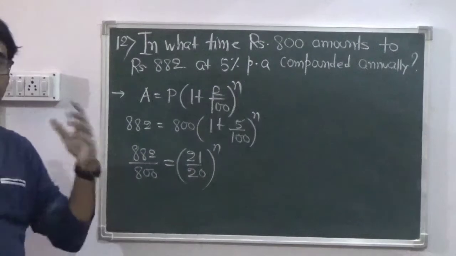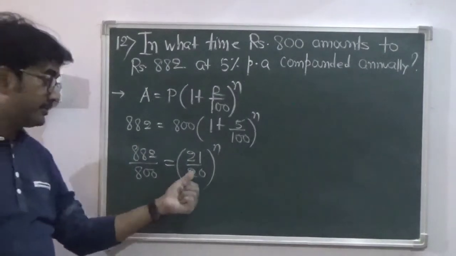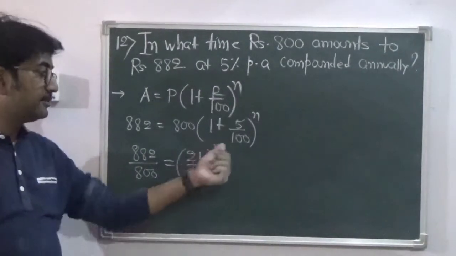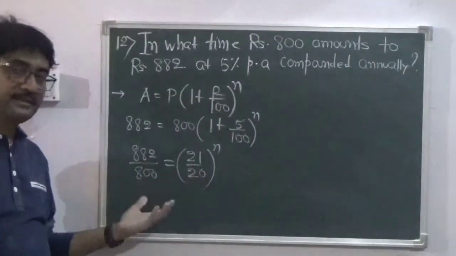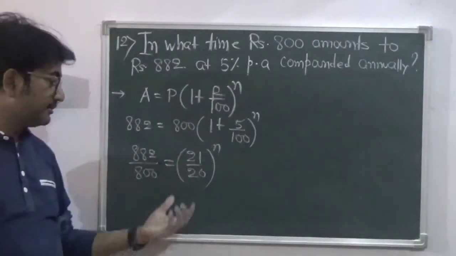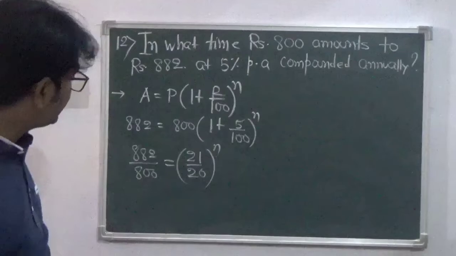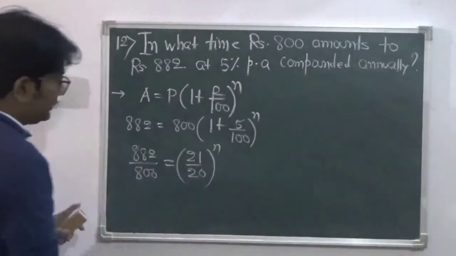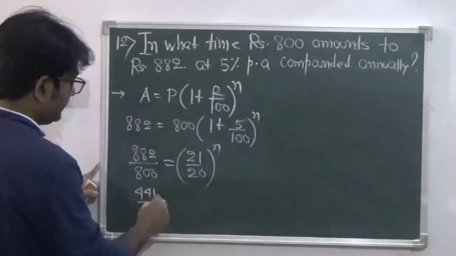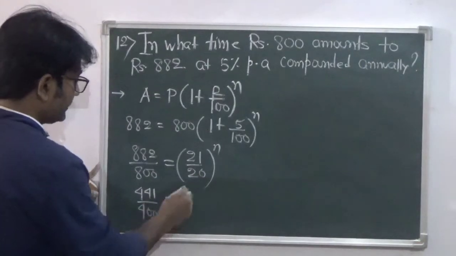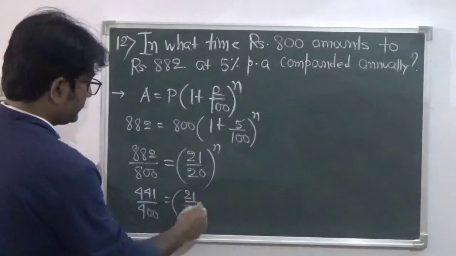On the left side also you have to make the base the same, 21 by 20, so that you can equate the powers. In exponents you have studied that if the bases are the same, the powers will also be the same. So 882 by 800, reduced, gives 441 by 400, and that is (21 by 20) to the power 2.